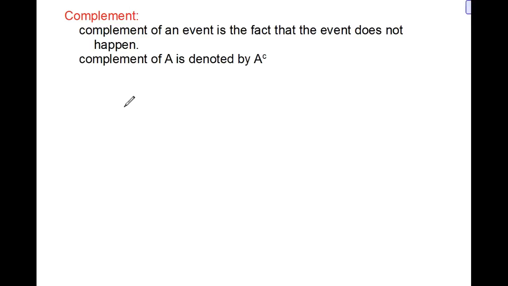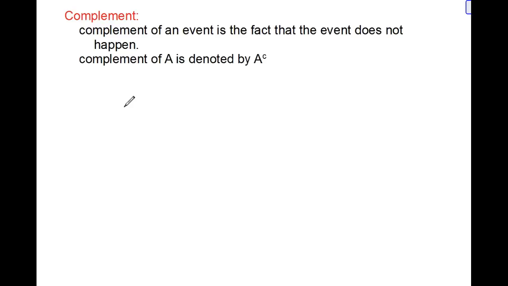Now the reason why I was talking about doing the 1 minus for it not being a master's degree is because of something called the complement. The complement of an event is the fact that it does not happen. So the fact that it was not a master's degree is its complement.